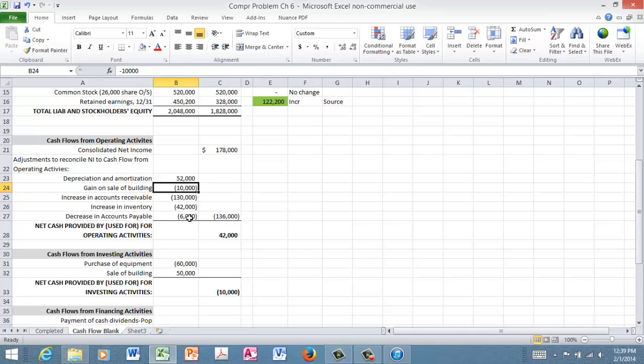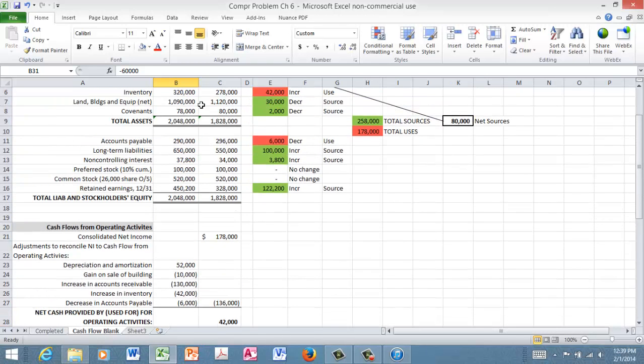So the net book value, they said, was $40,000, the $50,000 minus the 10, and then the purchase of equipment was 60. So if we look at all those in total, it will have explained this $32,000 net change between land, buildings, equipment, and covenants. And the covenants, again, that decrease is simply the amortization that we're taking.